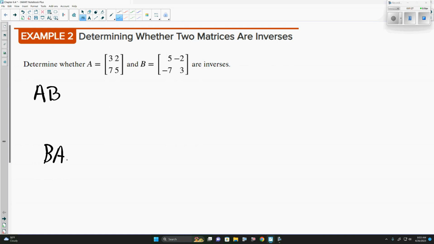So we can say two matrices are inverses if A times B is equal to B times A, which is equal to the identity. And for us, the identity matrix for a 2 by 2 looks like this here. Our diagonal of 1s and everything else is 0.